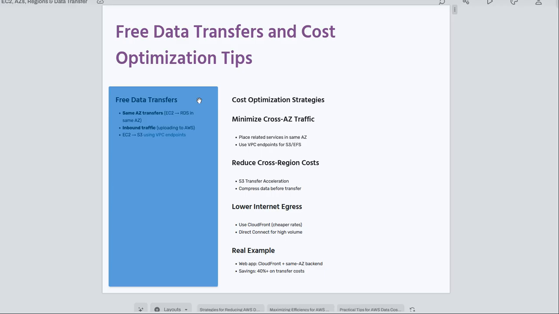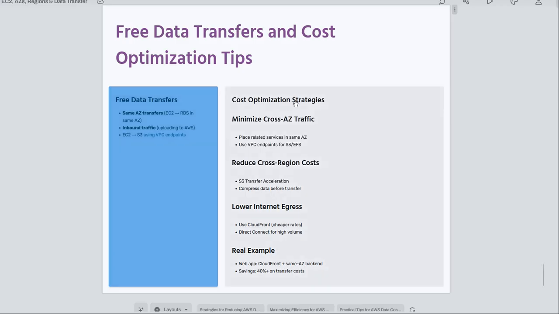And inbound traffic uploading to AWS, and EC2 to S3 using a VPC endpoint. VPC endpoints use the internal backbone network, so you don't have to pay for that. If it's a VPC endpoint, that's internal.